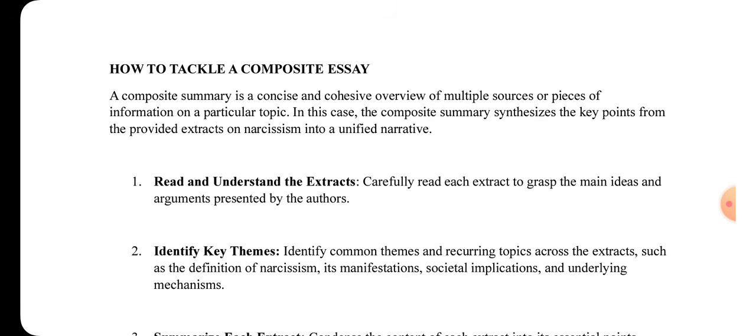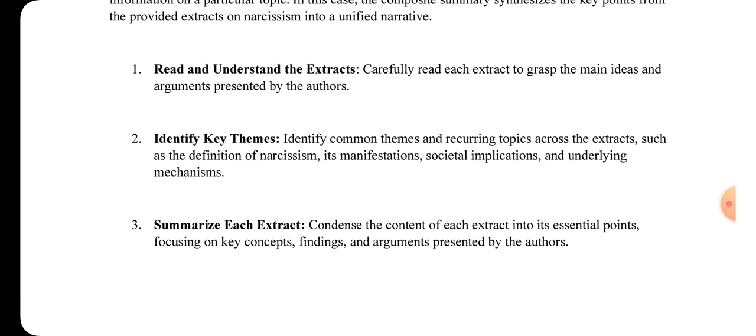They said you should use about 15 sentences to write it comprehensively. When you say comprehensive, it should capture all the ideas. It should be broad. So a comprehensive composite summary.